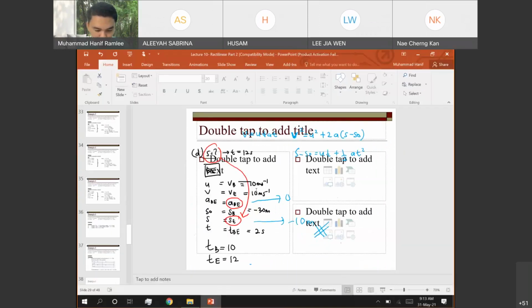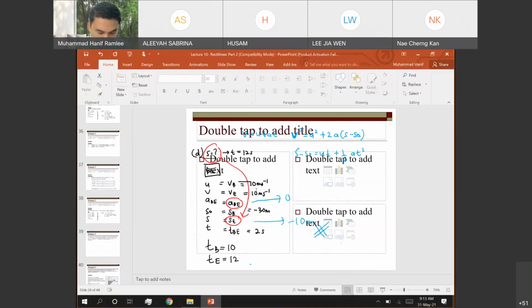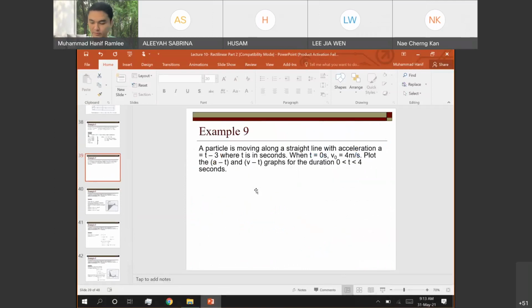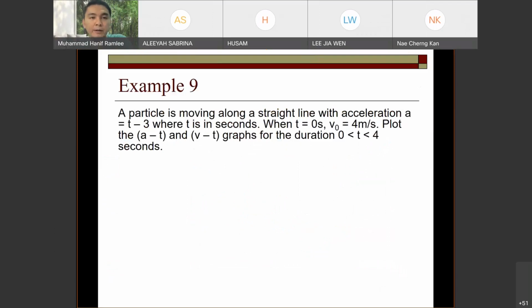Next example is example 9. This is the last example for today. The rest of the examples you can go through by yourself. You can discuss with your friends, or you can also ask me the question. All right. So this is example 9.